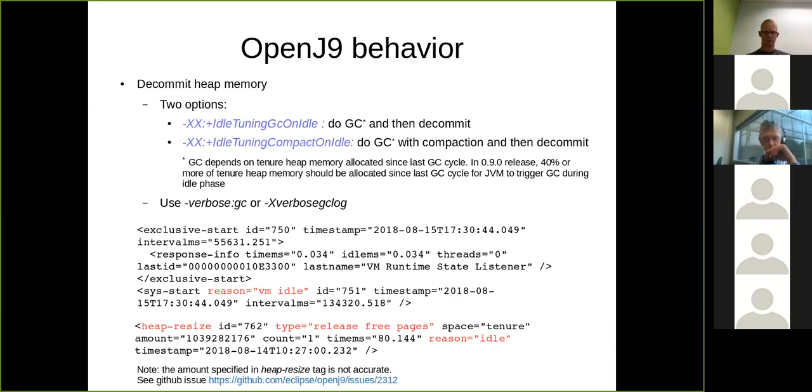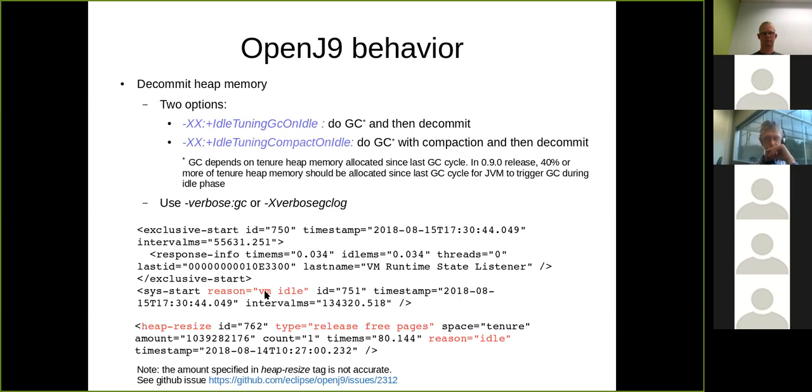If you enable GC logs using -verbose:GC or -Xverbose GC log, and the JVM performs a GC during idle phase, you will see a GC cycle which has a reason equal to VM idle. That particular GC cycle has happened in idle phase.